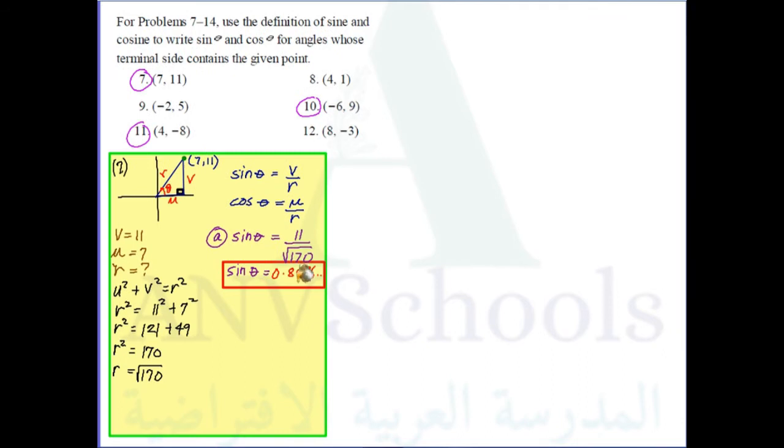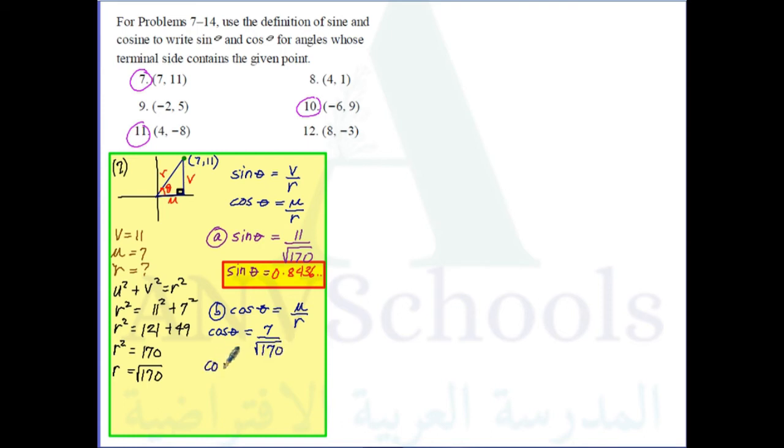Okay, what about our cosine of theta? So let's solve for the cosine of theta. Cosine of theta is equal to u over r. Our u is 7, over the square root of 170.